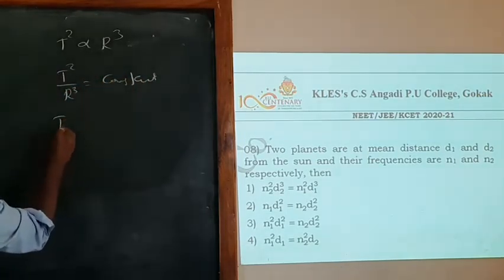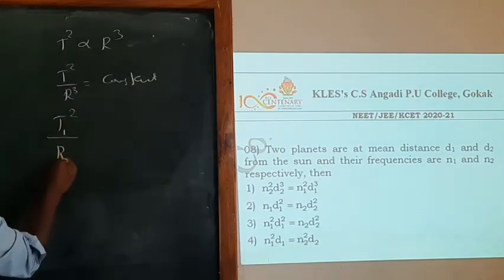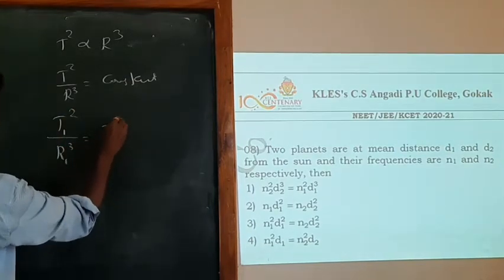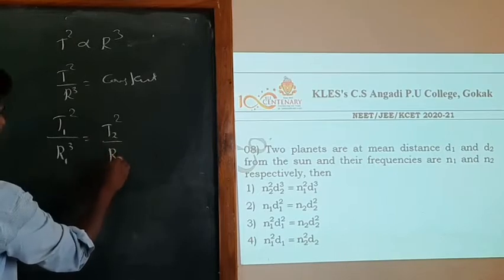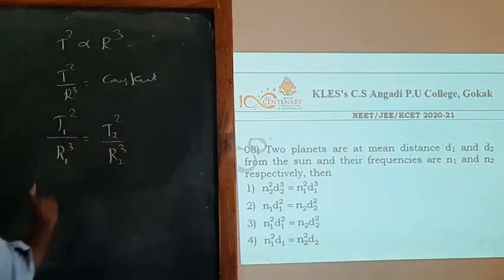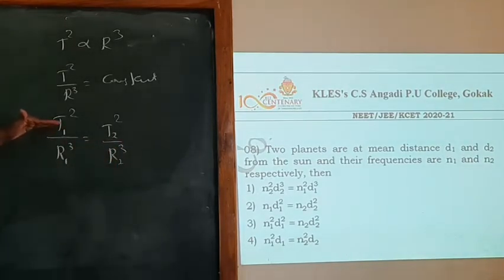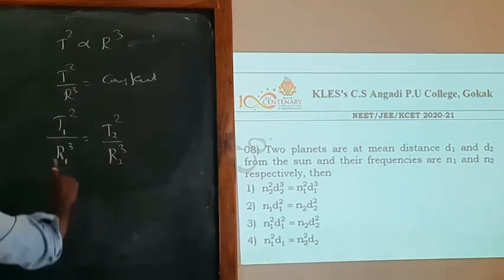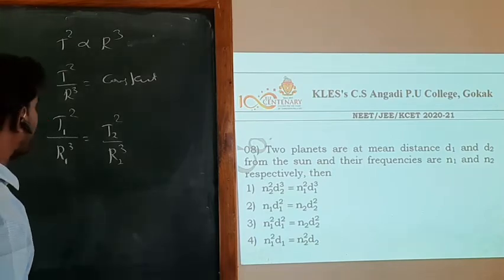So T1 square divided by r1 cube is equal to, the same relation holds good for the second planet also, and those two are equal. The ratio of the square of the time period to the cube of its semi-major axis is the same for all the planets. Okay, next one.